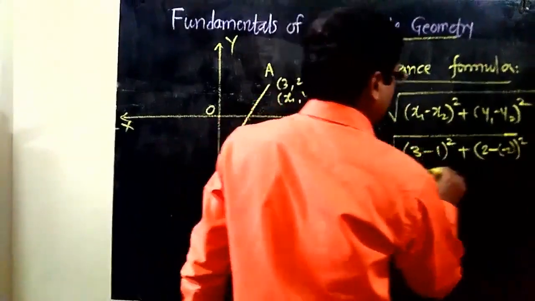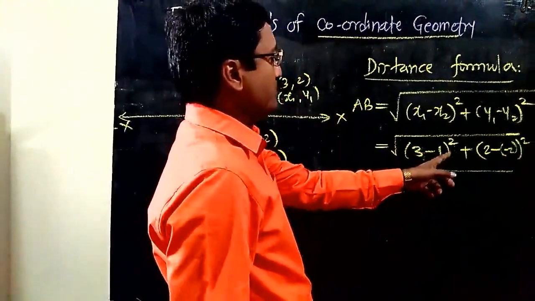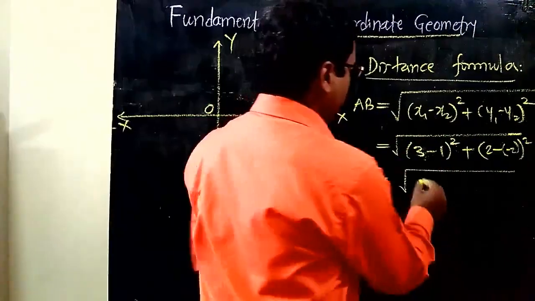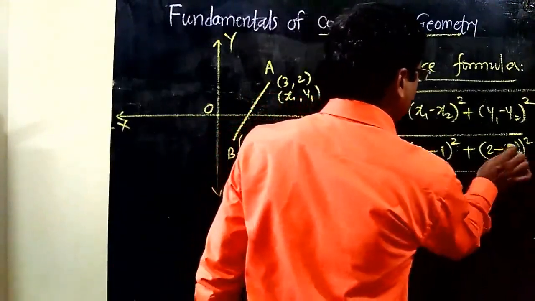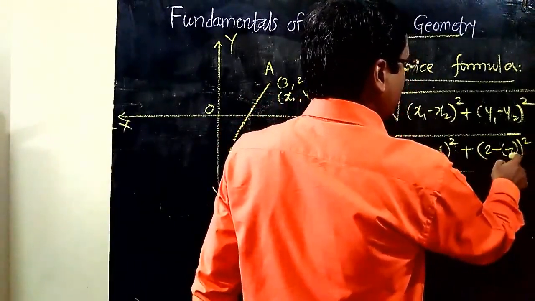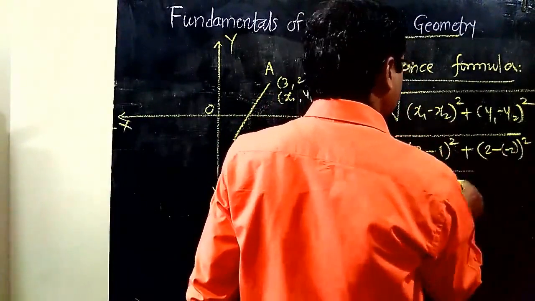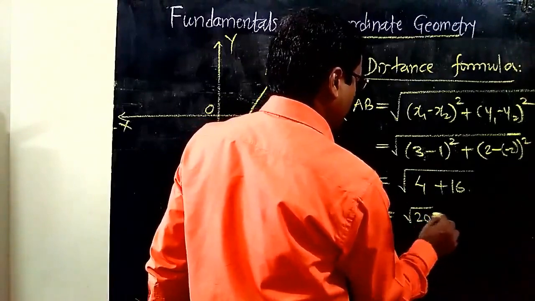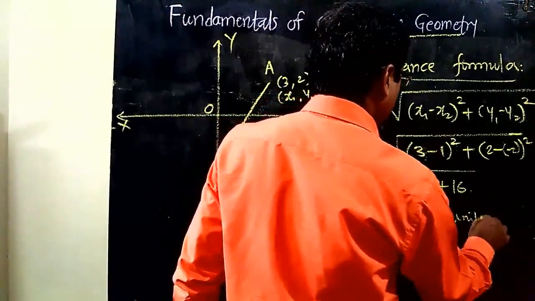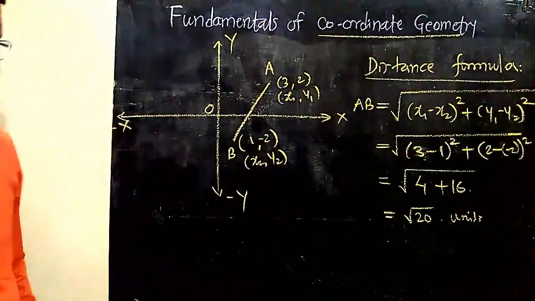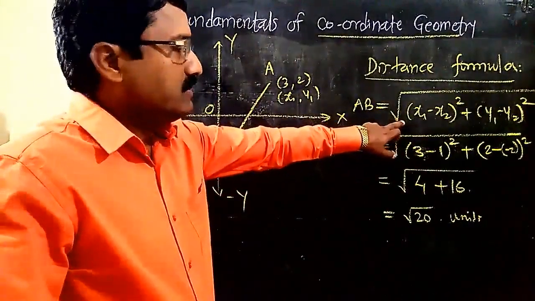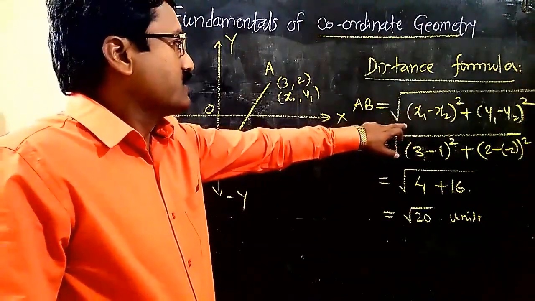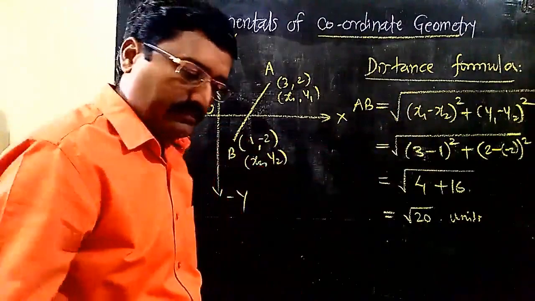And obviously after calculation we get 3 plus 1, that is 4, 4 squared is 16, plus 2 plus 2, that is 4, 4 squared is 16. So we get this distance as root 20 units. So this is the formula that you know better to find the distance between 2 points.